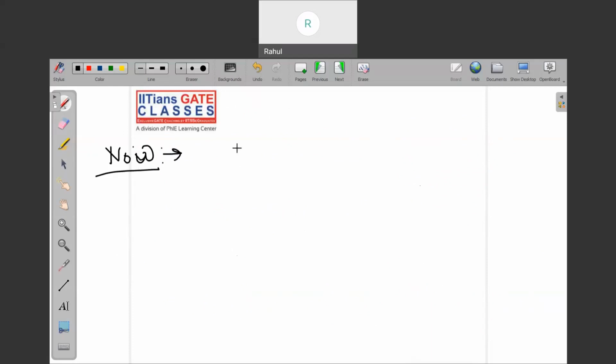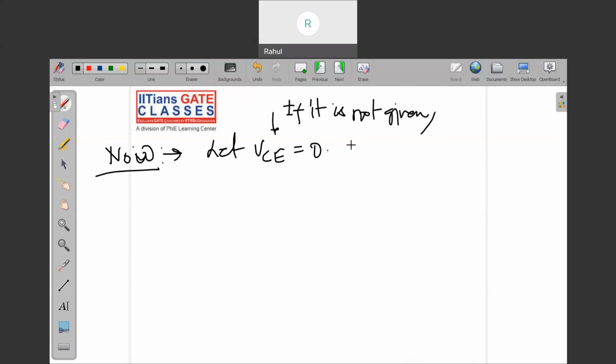Now you can set VCE; they will usually give you the VCE value, but if it is not given, then you can choose VCE equal to 0.2 volt, and you can find beta forced.